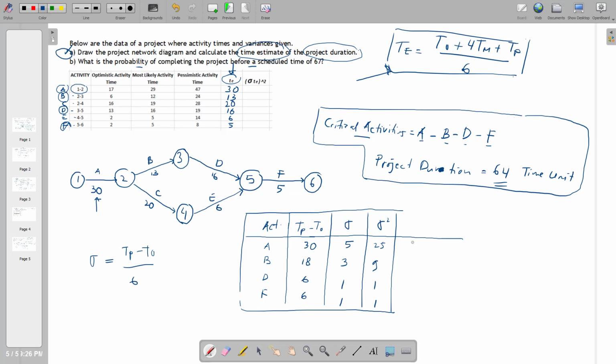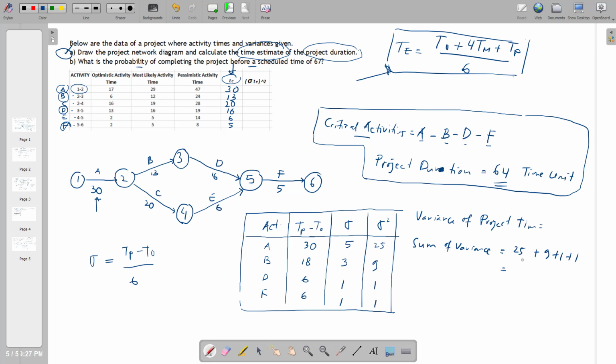Based on this calculation, the variance of the project time is equal to the sum of variance, which is 25 plus 9 plus 1 plus 1.